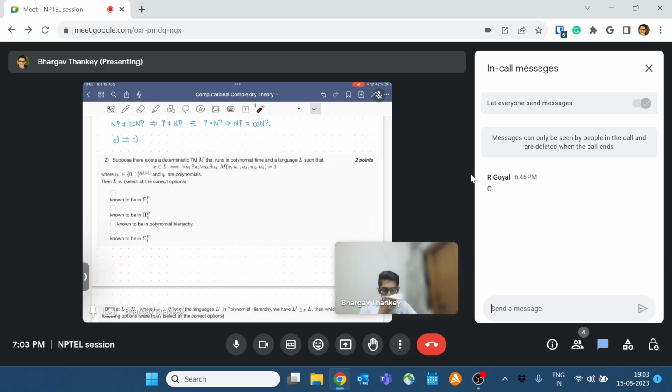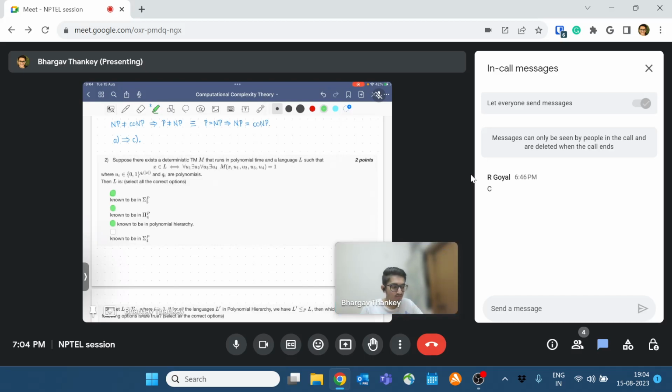I think except the last option, the first three are correct. The second one is obviously correct, and it is a part of the PH. The last one cannot be correct because it starts with a universal quantifier and not an existential one. So B and C are true. Why is A true?